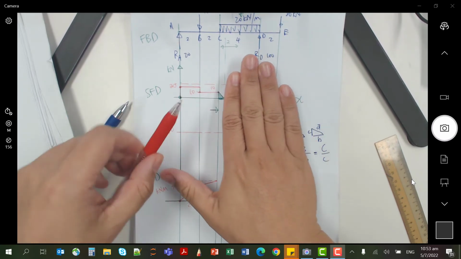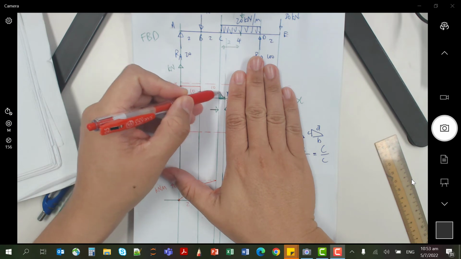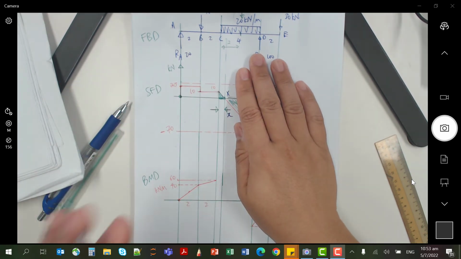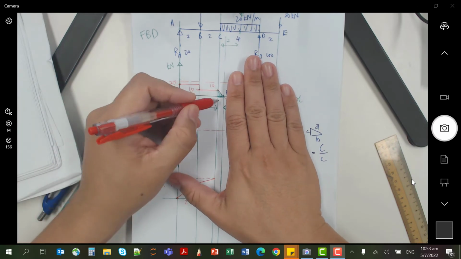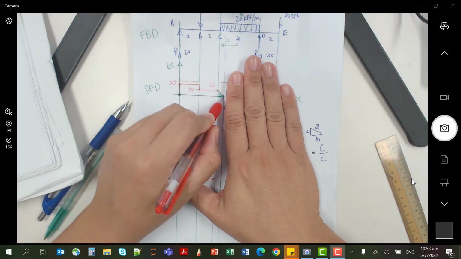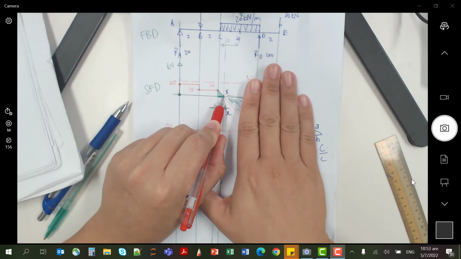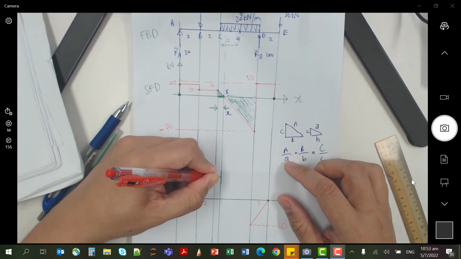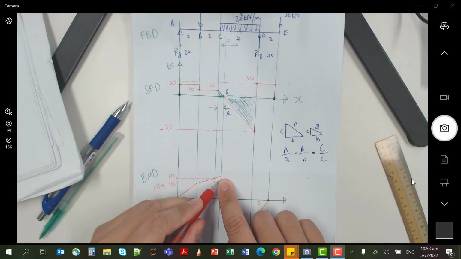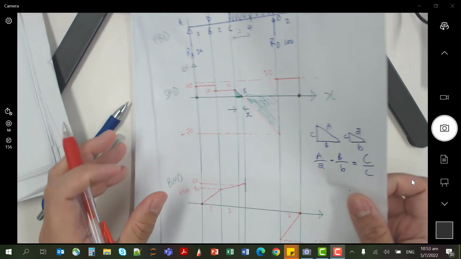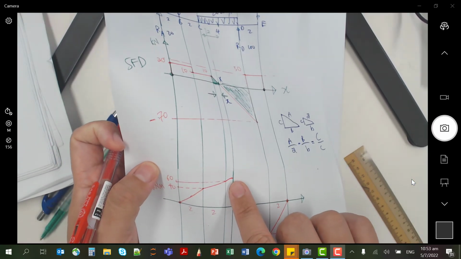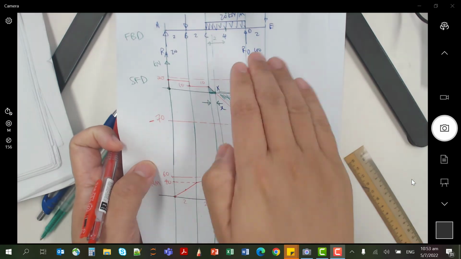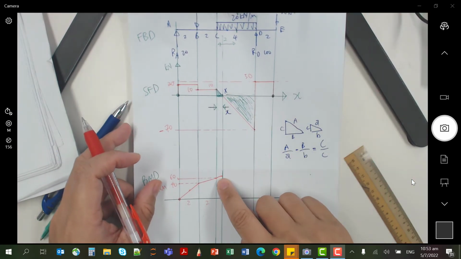For the positive shear force, the bending moment is going to keep on climbing up until it reaches 0 gradient. So this is actually a curve over here, and you will hit 0. 0 gradient means it's a peak. It will peak over here.